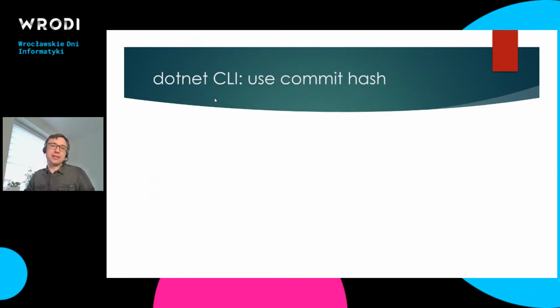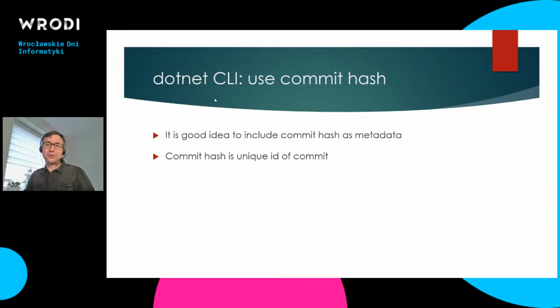And as I mentioned at the beginning, it's also super helpful to include the commit hash in the metadata of your artifacts. The commit hash is just the unique ID of the commit.